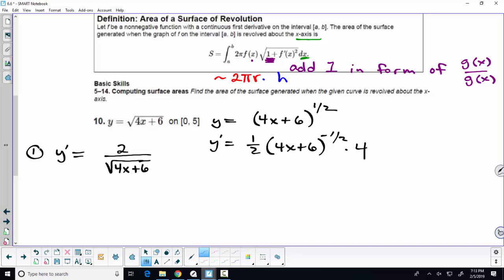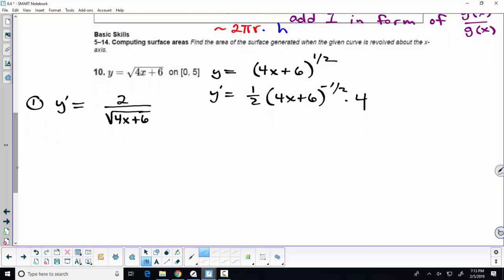So 4 over 2 gives us that 2. This to the negative 1/2 gives us this. And then we're going to square that, to get 4 over 4x plus 6.